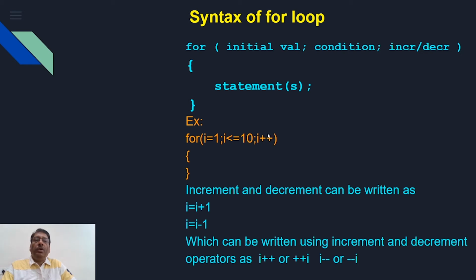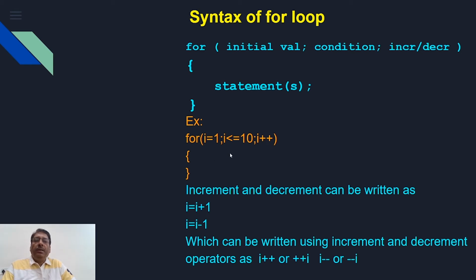Then it will go again to the condition. So what I mean to say is that the initial value will only be set one time, whereas the condition will be tested multiple times along with the increment operator, and accordingly the statements are executed.